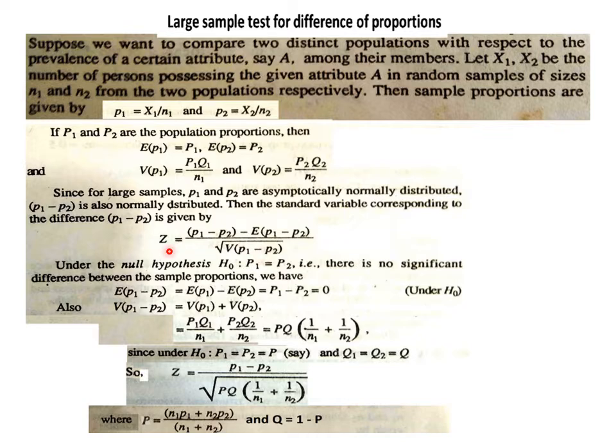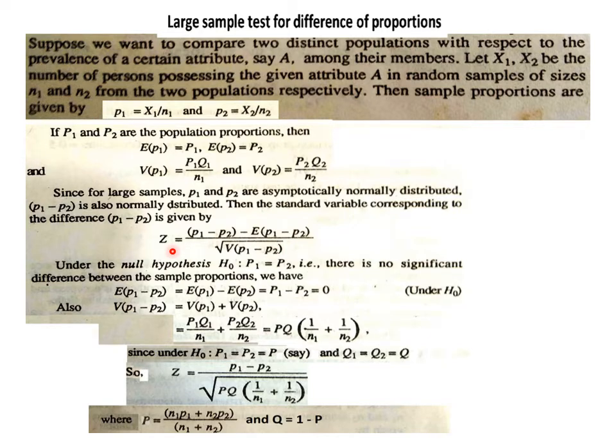In case of x we have the difference of proportions, that is p1 minus p2, minus mu, meaning the expectation of p1 minus p2, so minus E(p1 minus p2), upon sigma, meaning standard deviation, that is the root of the variance of p1 minus p2. So that is the initial form of the formula for z. Now we will calculate all these things to find the final formula for the standard normal variable z.